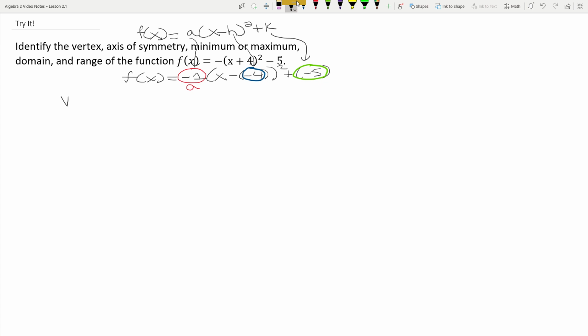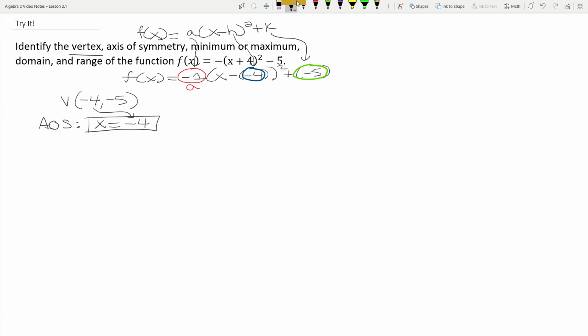Our vertex is given by our h coordinate, -4, and our k coordinate, -5. Vertex is done. Now axis of symmetry, AOS, I'm going to abbreviate that, is going to be x equals my h value. So x equals -4. That's it for my axis of symmetry.